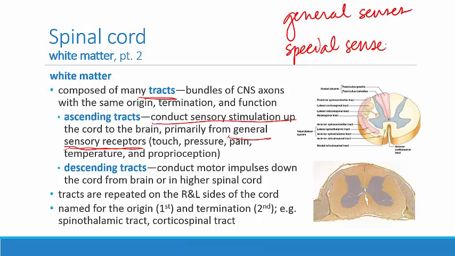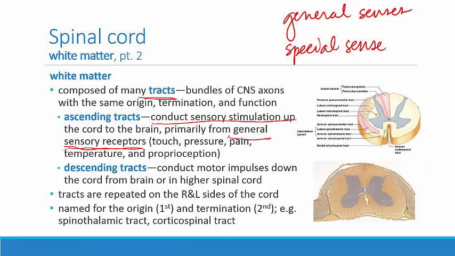Smell, olfaction. So those are the special senses, and all of that sensory information coming into the brain is carried on the cranial nerves. So up there in the brain is where those tracts are found.